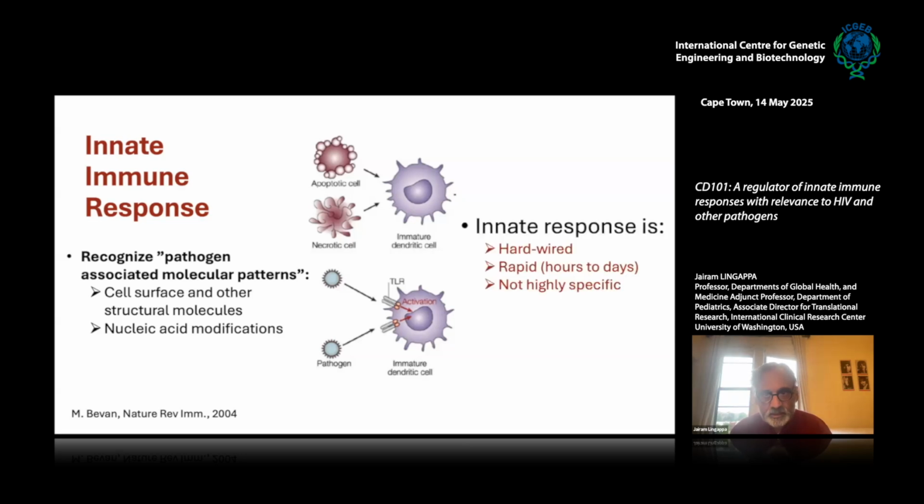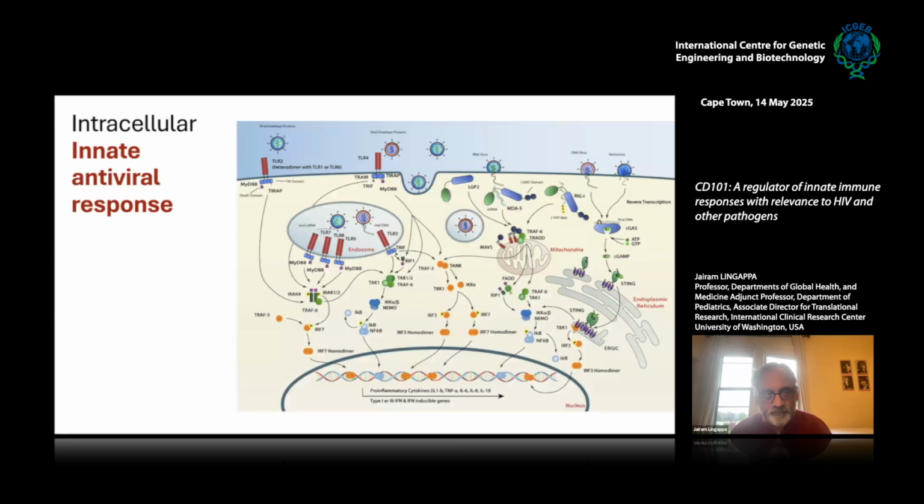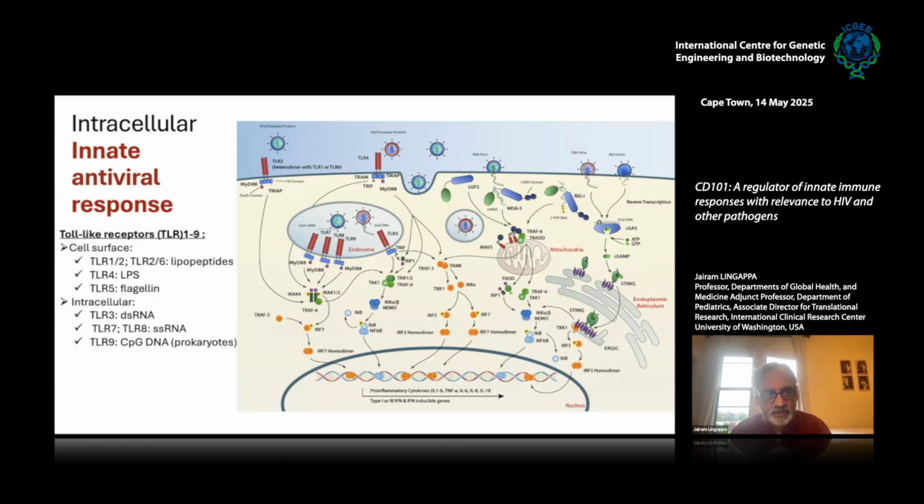These responses are hardwired, and they have rapid responses in hours to days. They're not highly specific, but can at least get the immune system responding to pathogen exposures. In terms of intracellular responses, those tend to be more targeted to antiviral responses.